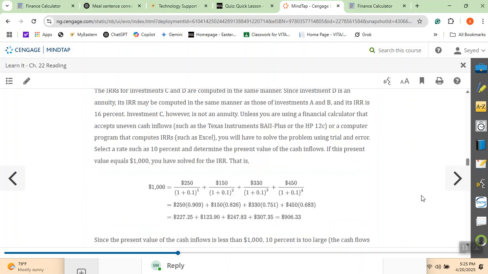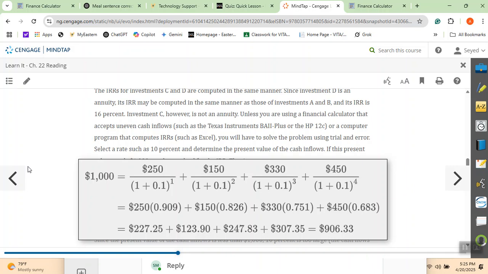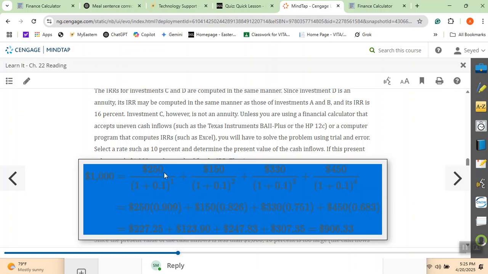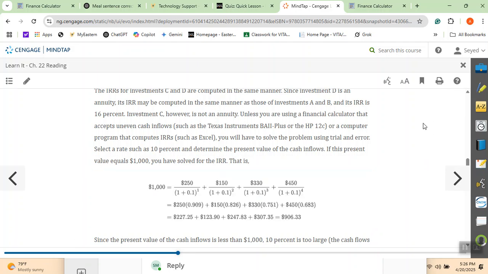This is another project. It is a little bit more challenging to calculate. Why? You are putting $1,000. Imagine this $1,000 you are borrowing. And with this $1,000, you are, for example, digging a well. When you dig a well, the first year it's going to give you 250. The second year is going to give you 150, third year 330, and fourth year 450.